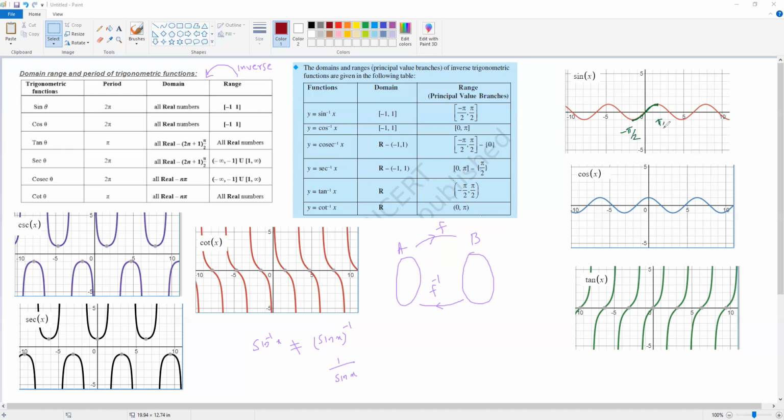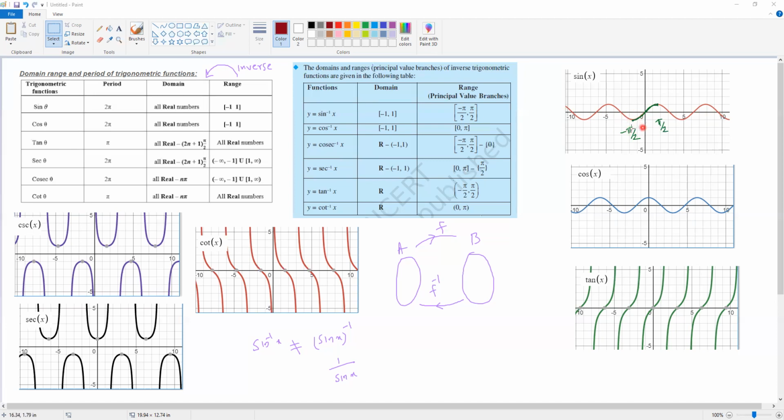Understood? I told you, not only this, you can take other portions too, up to here. But universally this is fixed: minus pi by 2 to pi by 2. That is the important thing. Yesterday we saw we can take many areas like this.